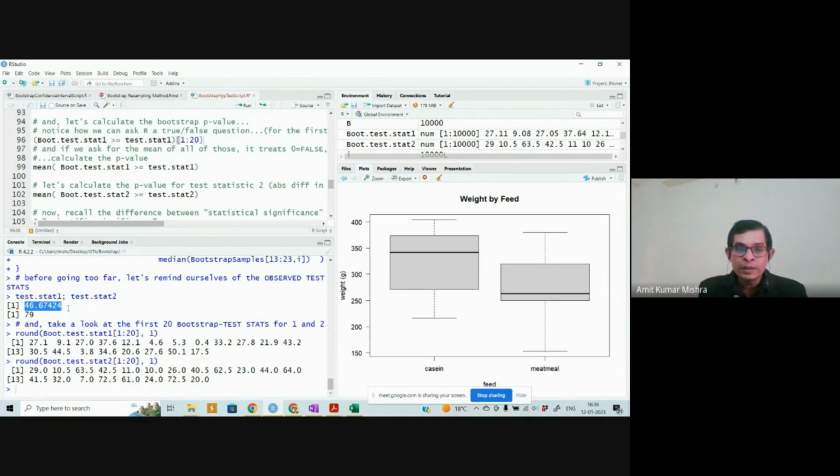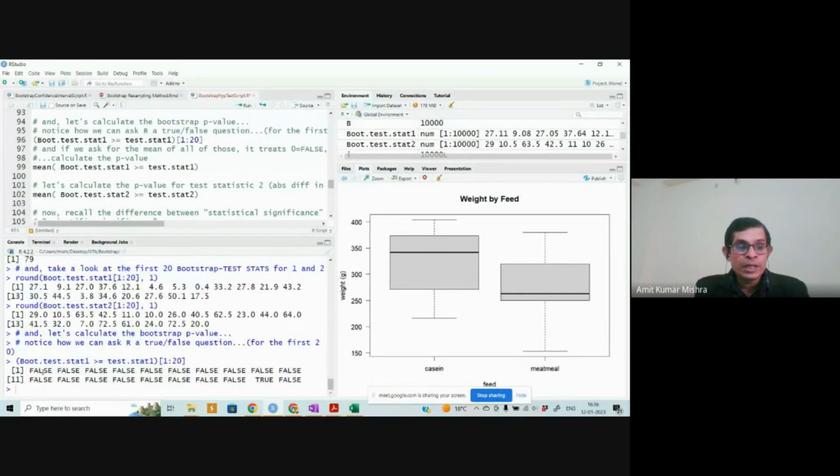How to do that? You apply this function: boot.test.stat greater than or equal to test.stat, first 20. If you see, these are false, false, false, false, false, false, false, and only one is true.